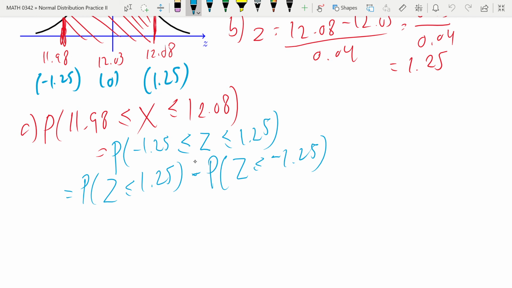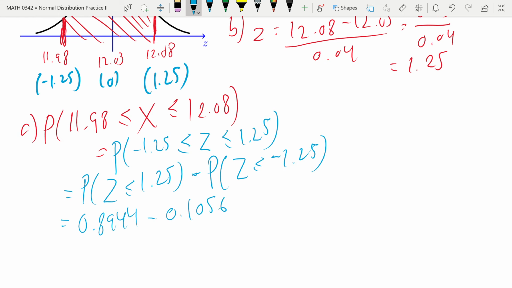If we look at our tables for the appropriate values, the probability that z is less than 1.25, the area to the left of 1.25, is 0.8944. And the area to the left of minus 1.25, we look at our tables, is 0.1056.